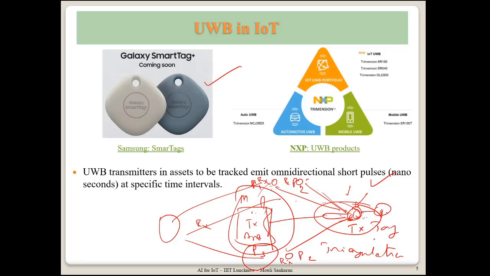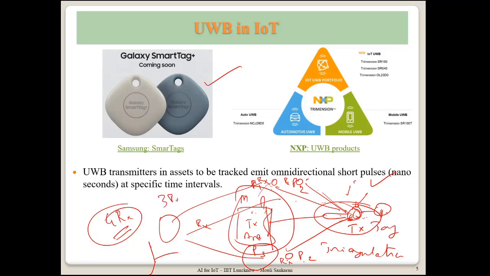Locating that key in a three-dimensional area. It doesn't matter whether it is on top of the sofa or below the sofa, because we are keeping the sensors. If you are having 4 sensors, 4 receivers, then we will be able to find out the 3D location. XYZ we can find out.